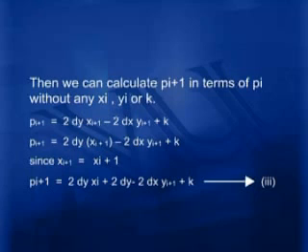What we do is that we say pi plus 1, the next value of the parameter pi would be equal to 2 dy, x کی جگہ ہم x کی نیکسٹ ویلیو پلیس کر دیتے ہیں xi plus 1, اور اسی طرح سے y کی جگہ ہم y کی نیکسٹ ویلیو yi plus 1 وہ پلیس کر دیتے ہیں. And now we can say that pi plus 1 is equal to 2 dy times xi plus 1 minus 2 dx yi plus 1 plus k.